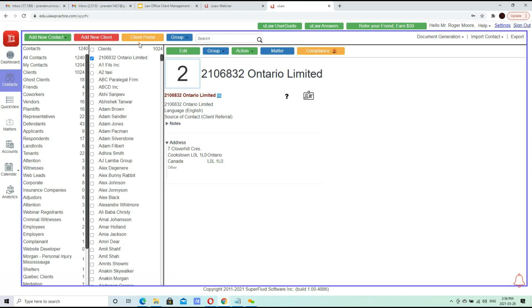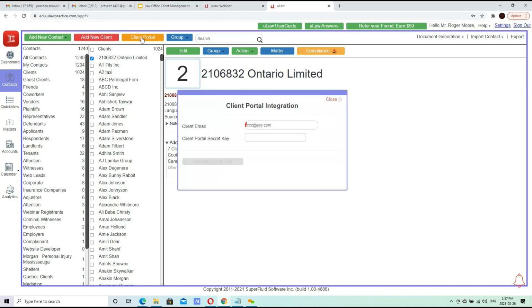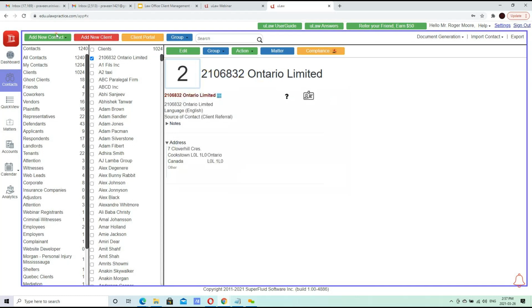Of course, in my previous demo, I'd shown how you can have your own client portal for each of the new clients, send them a link, and have them input the information in a very secure manner, so that you get the data back securely. Okay, so if you know your client's email address or your prospective client's email address, you can enter that here and send them a separate link that they can send your information over.